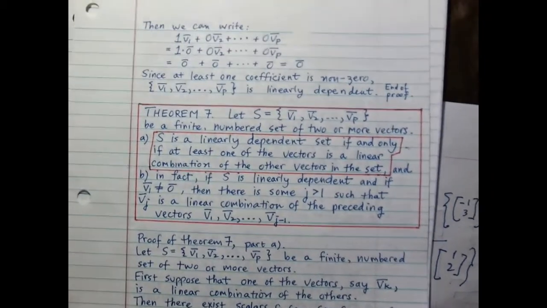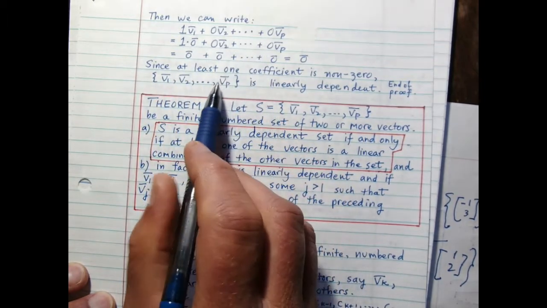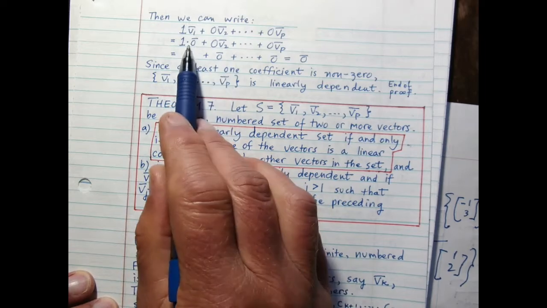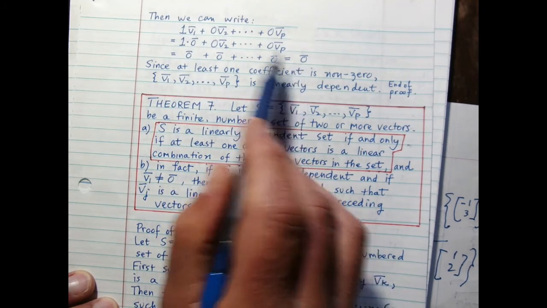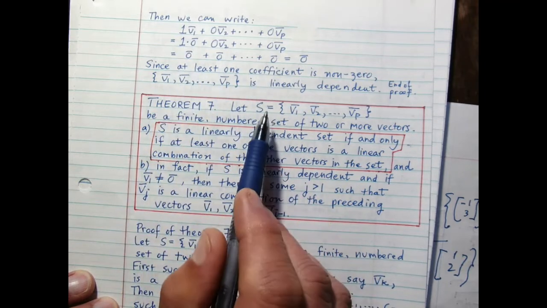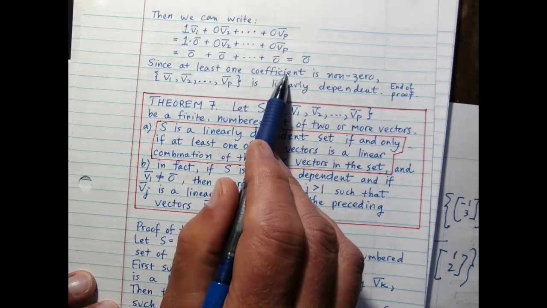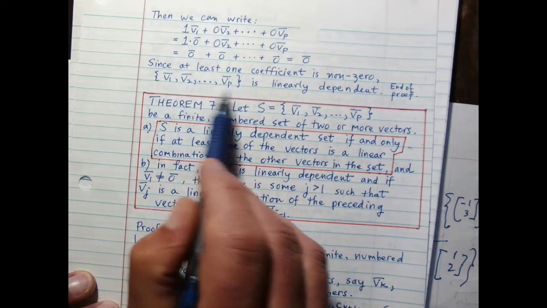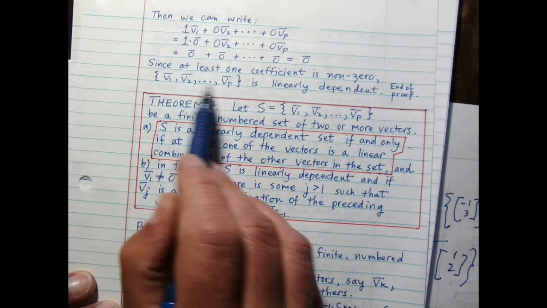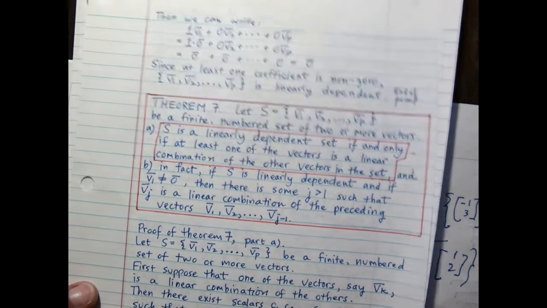You put a non-zero weight on that one, and that's what we're illustrating right here. Still the linear combination is going to add up to 0, because non-zero times the 0 vector is still going to be 0. So we have a linear dependence relationship for that set of vectors. So the point is, if you have the 0 vector in a set, the set of vectors is automatically dependent.